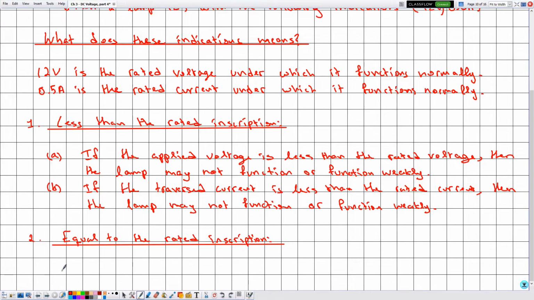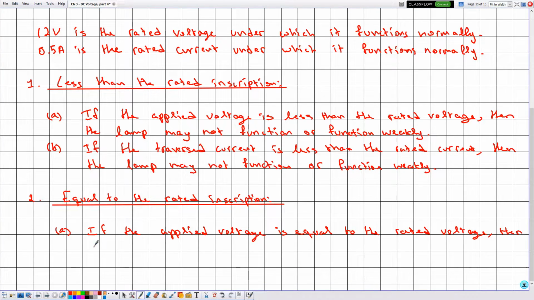So let me say in idea 2a, if the applied voltage is equal to the rated voltage, then in this case the lamp will function normally.